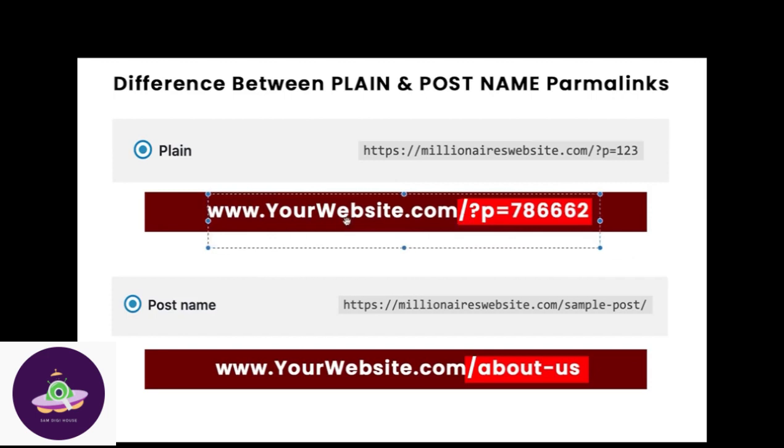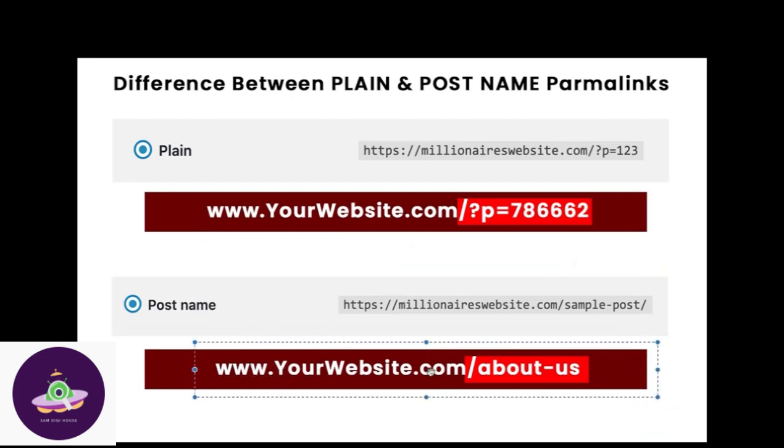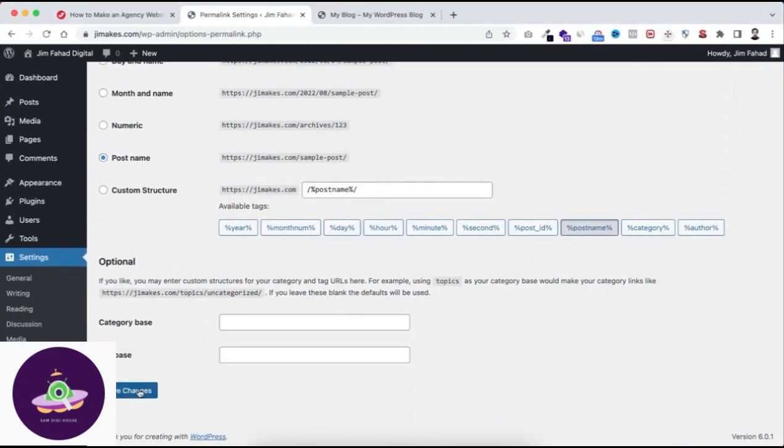That's your website URL name.com, then slash and these bizarre numbers. Instead, if you keep your permalink to post name, then your posts or pages URL would be more human readable, like your website name.com/about-us, and that's also good for search engine optimization. Alright, let's set post name and scroll down, click on save changes.